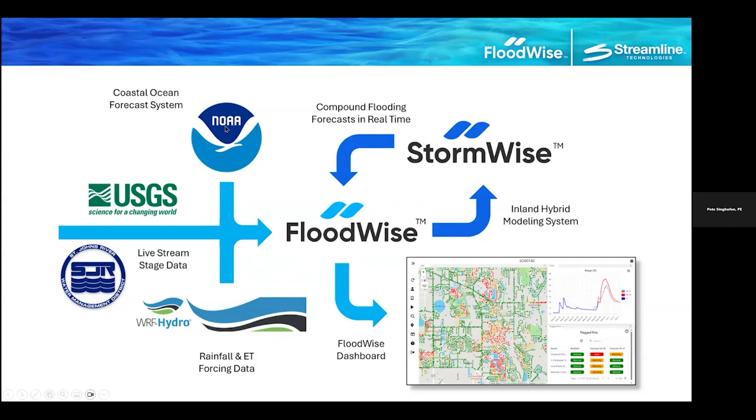Floodwise will say, okay, this instance of Stormwise needs 12 different hookup points for the coastal forecast system. It needs 12 USGS stream gauges, and it sends that data out to Stormwise. And then Stormwise does its calculations, sends its results back to Floodwise. Floodwise then posts it in an outward-facing dashboard system.